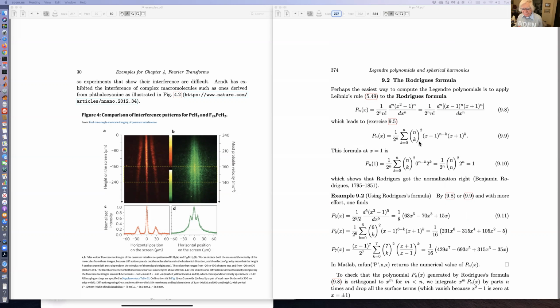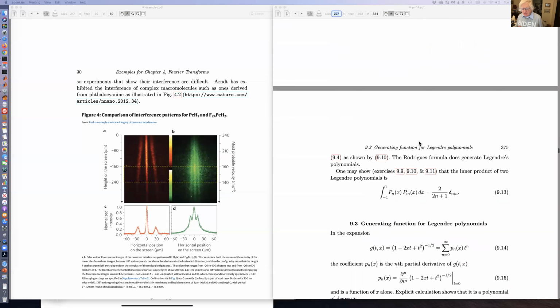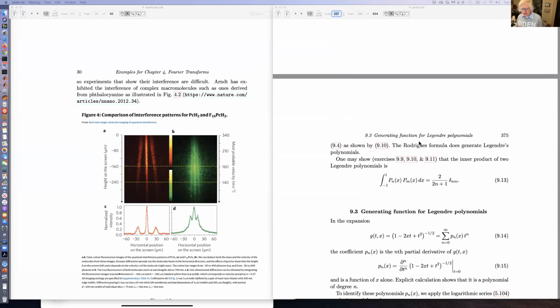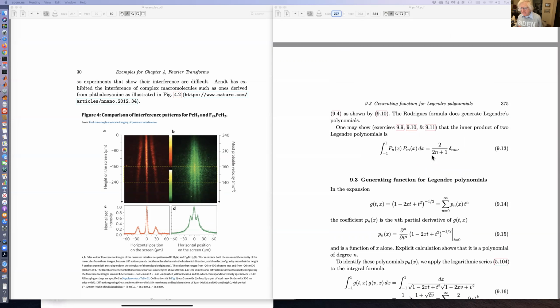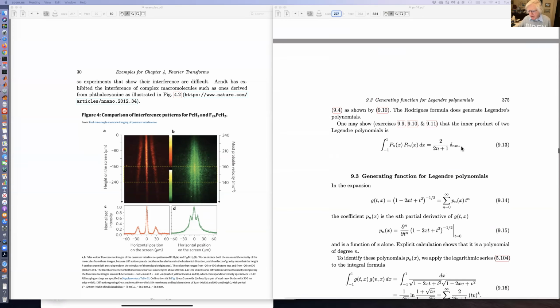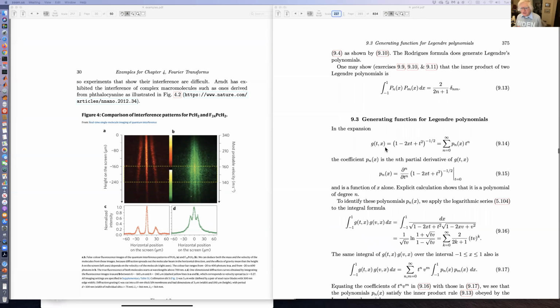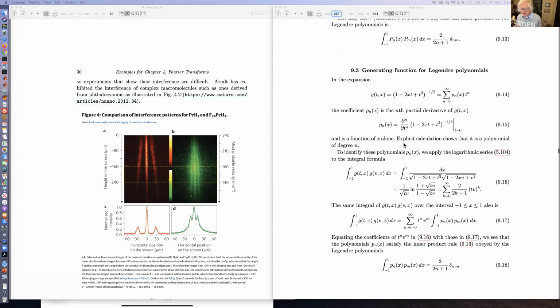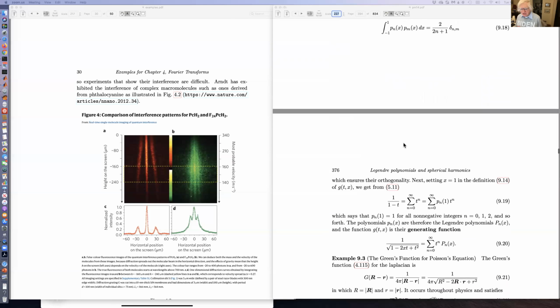I'm going through this quickly because we've already done it. The integral of Pn with Pm vanishes unless n is equal to m, and the total value is 2 over 2n plus 1.